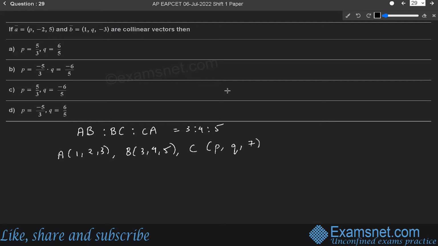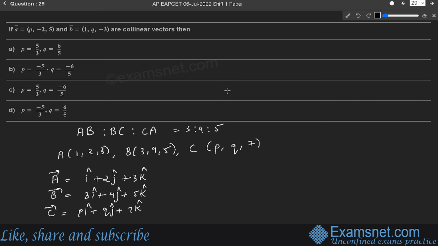So we can find A vector from here. A vector will be i cap plus 2j cap plus 3k cap. Similarly, B vector will be 3i cap plus 4j cap plus 5k cap, and C vector will be pi cap plus qj cap plus 7k cap.